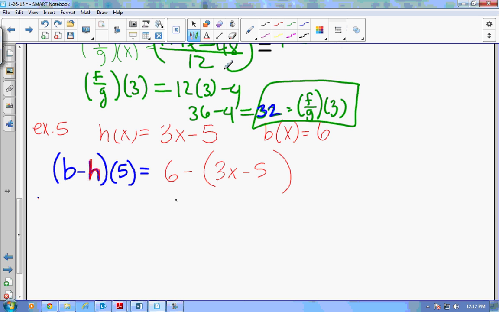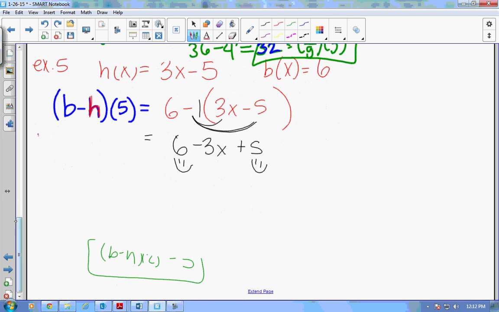We have a negative here. When we have a negative, it's really a negative 1 being timesed in. It changes the sign of everything. If we're subtracting a 3x, it becomes negative 3x. And if we're subtracting a negative 5, it becomes a positive 5. And these two are like terms.